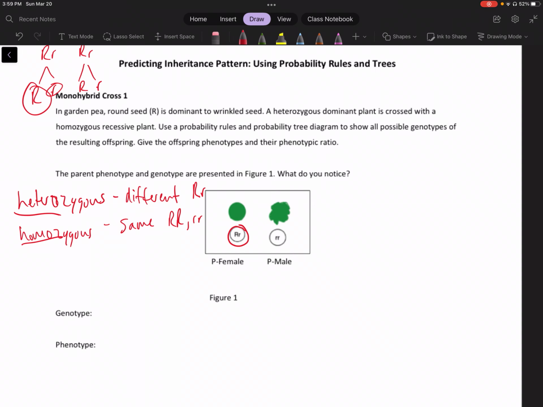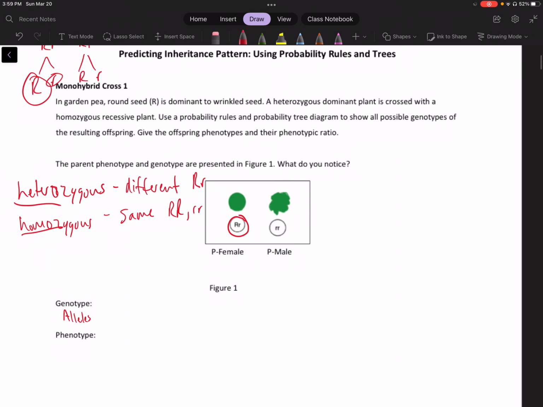Now, those are what we call genotypes. Genotypes are the alleles of that offspring or of the parents. So we're looking for letters. For phenotypes, we're looking at the trait given off, or what you see in a photo. These right here are alleles, and they make up the genotype, while the phenotype for capital R, lowercase r would be round, because it has a dominant allele in there.